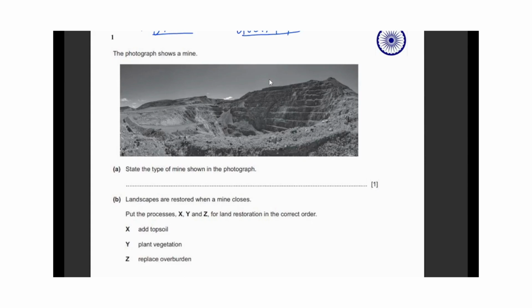Now, the photograph shows a mine. State the type of mine shown in the photograph. You can see there are a few steps here, I hope this is clear. If you can zoom in, these are the steps. It is open, there is nothing deep inside, like a shaft. So we call it open pit mining.